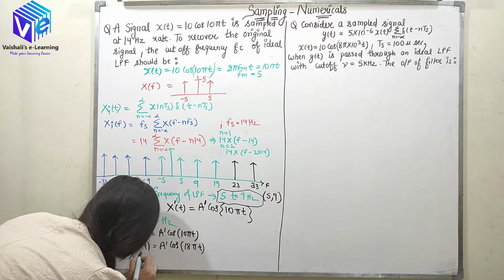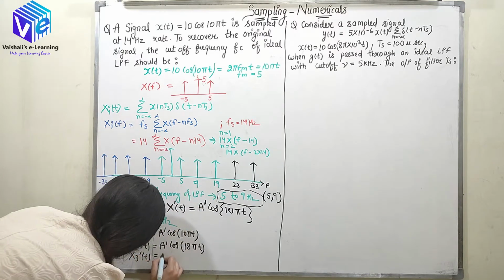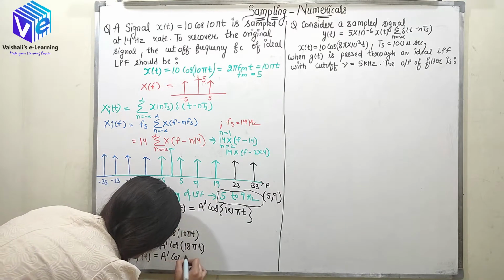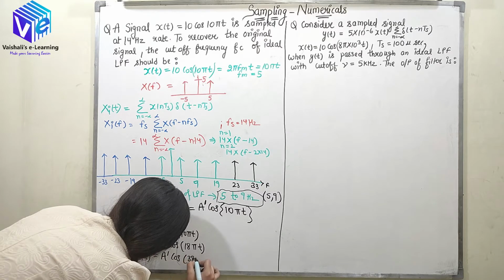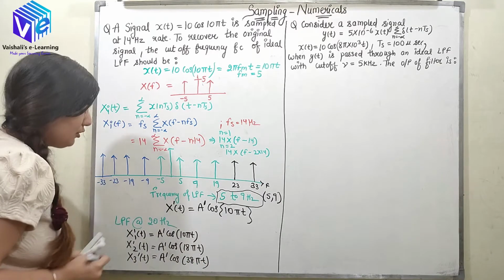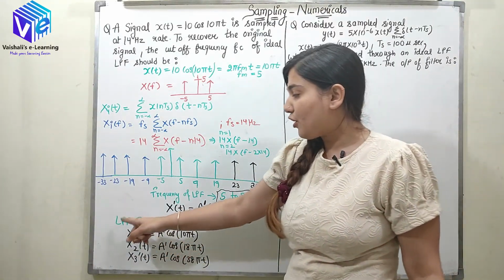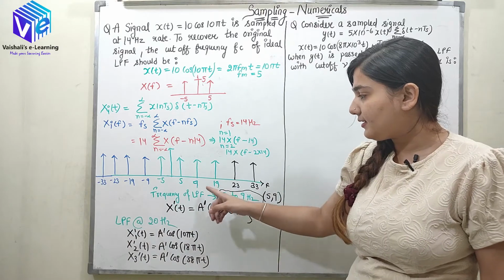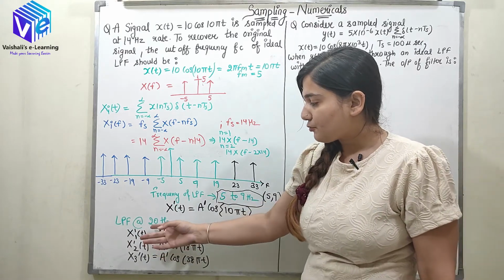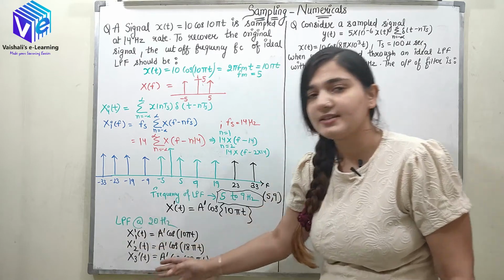And x3 dash t, the third component of the frequency, is present at 19 hertz. So I'll be having the third output signal as a dash cos 38 pi t. So now if I take the cutoff frequency of the low pass filter greater than 9, let's suppose I have taken the cutoff frequency to be 20 hertz, at that time I'll be getting these three outputs.